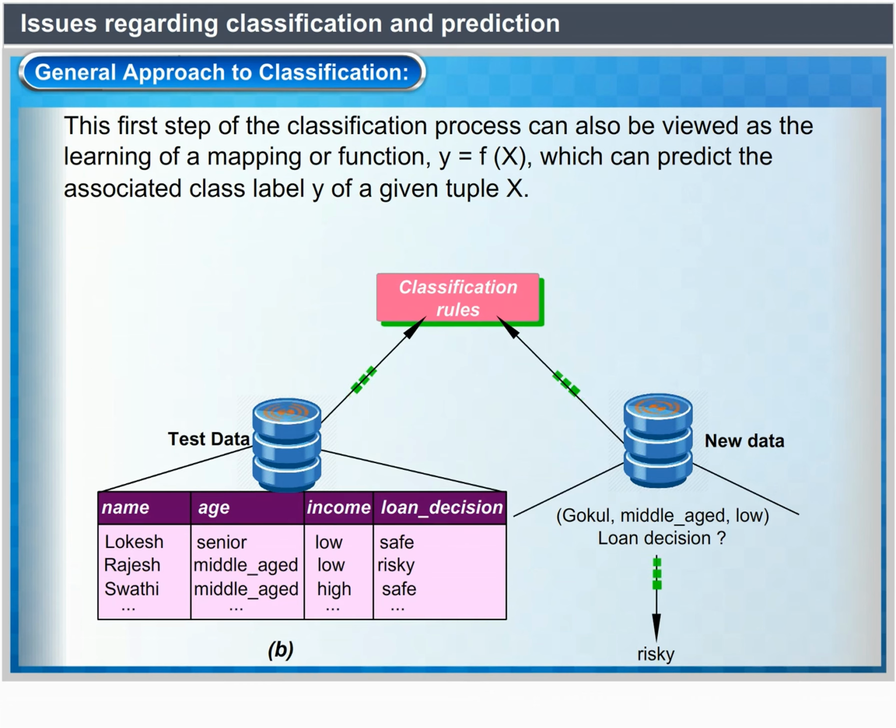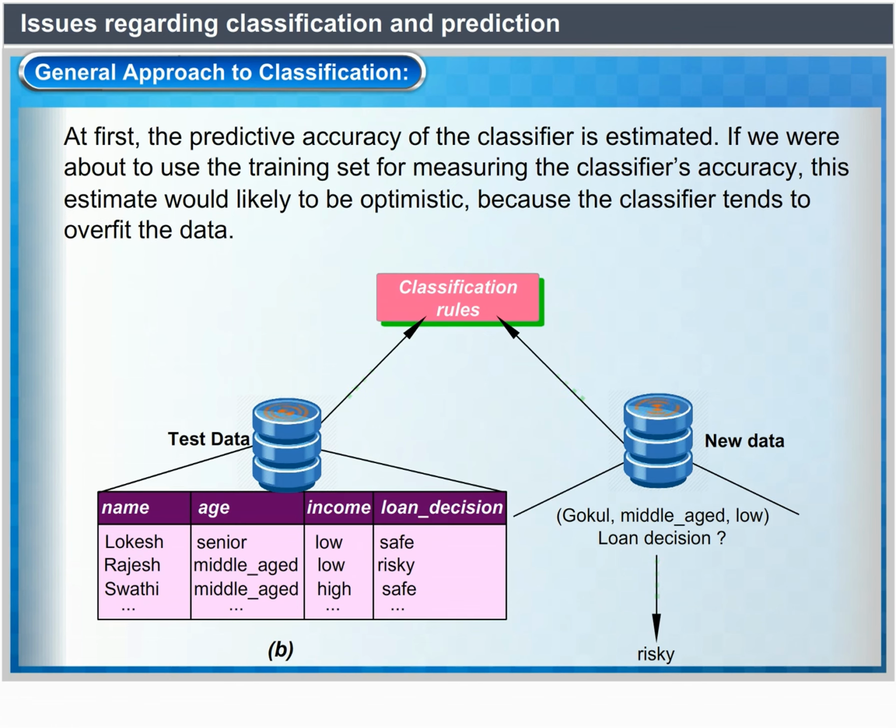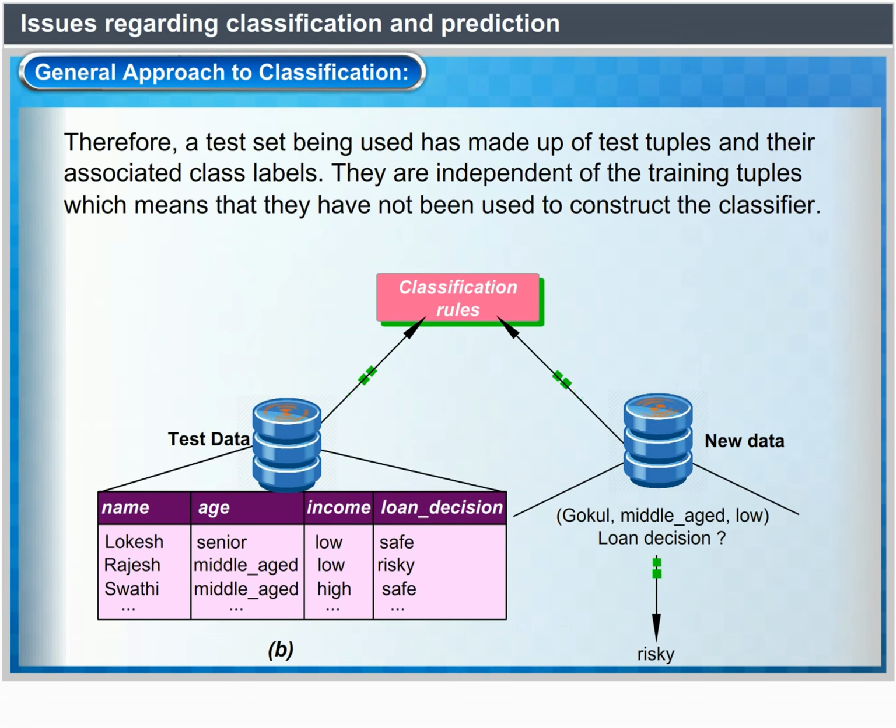In the second step, the model is used for classification. First, the predictive accuracy of the classifier is estimated. If we were to use the training set to measure the classifier's accuracy, this estimate would likely be optimistic because the classifier tends to overfit the data. Therefore, a test set is used, made up of test tuples and their associated class labels.